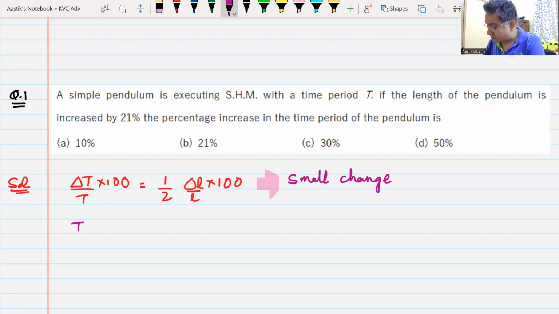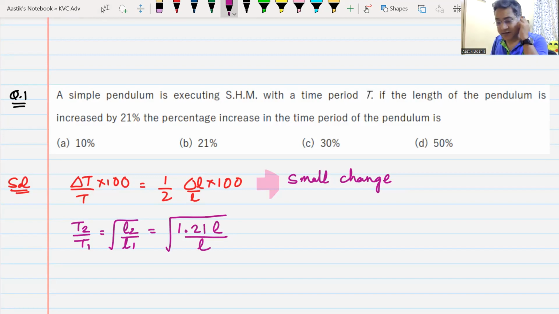What is the original formula? T2 by T1 will be equal to root over L2 by L1. This is the original formula. Now, the length has increased by 21%. So the new length becomes 1.21 L divided by the original length L. Are we understanding what we are doing here?